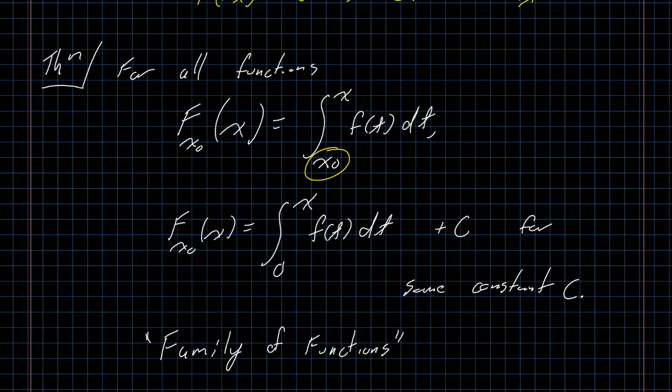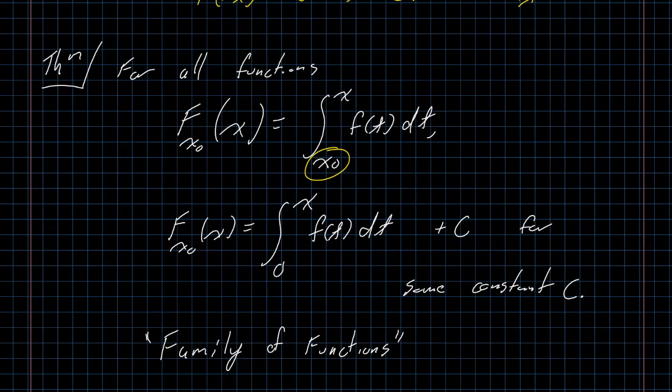All right. The notation here is a little bit messy. F sub x naught, the subscript of the function, chooses the lower limit of integration, and that subscript defines the function. The x by itself is the variable.